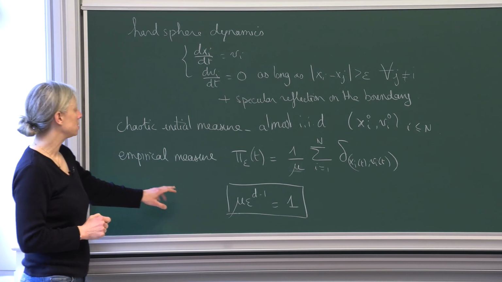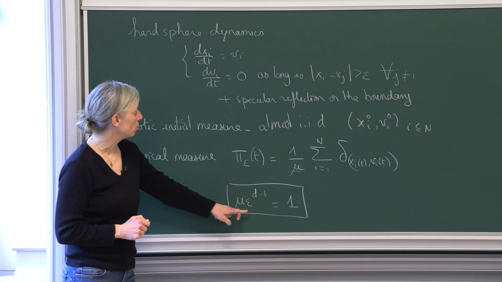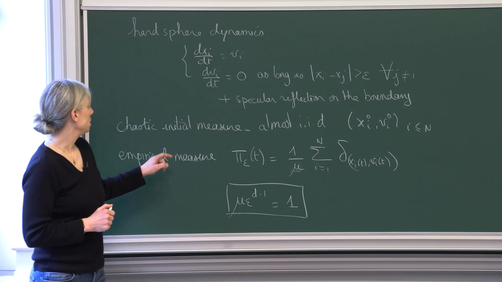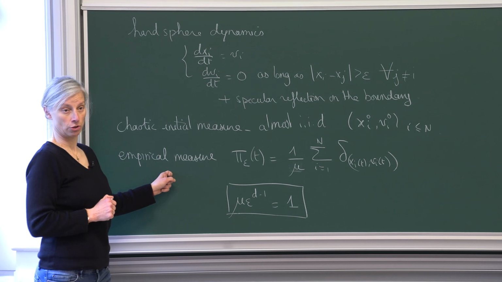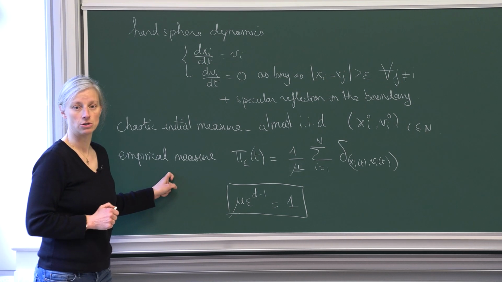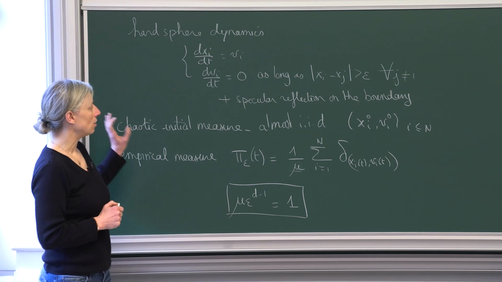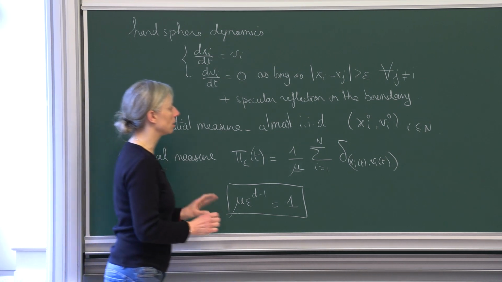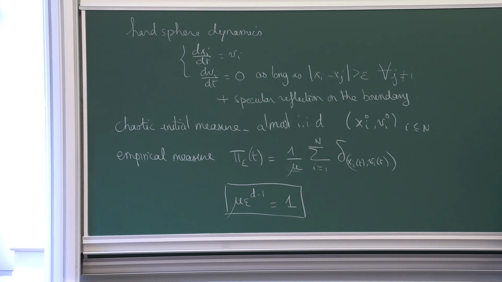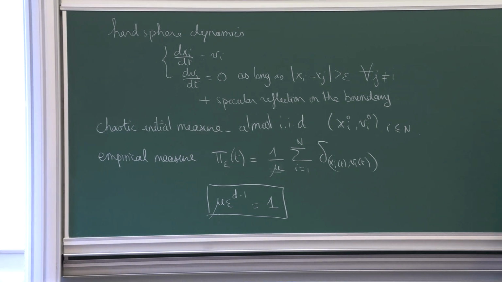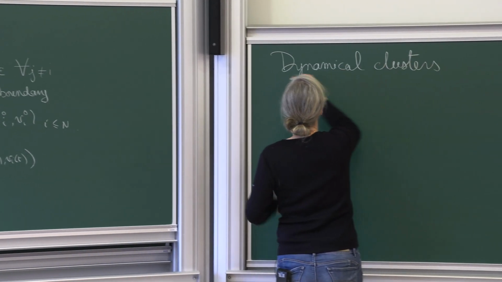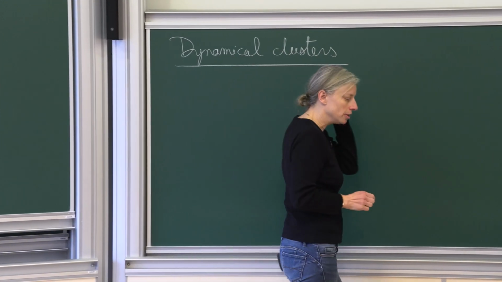So what you expect is that in the limit when epsilon goes to 0 and mu goes to infinity with this scaling condition, then this empirical measure should concentrate on the solution of the Boltzmann equation. That's the Lanford theorem. Now I will look at this grand canonical setting, and what I would like to explain is how you can look at this empirical measure.